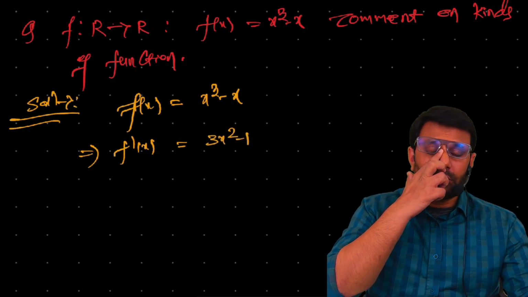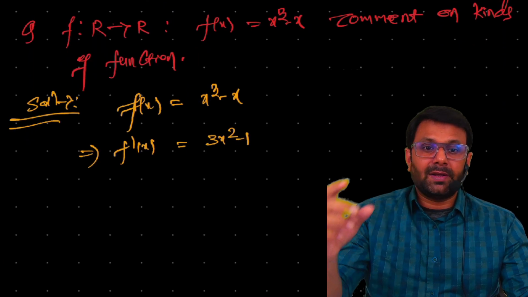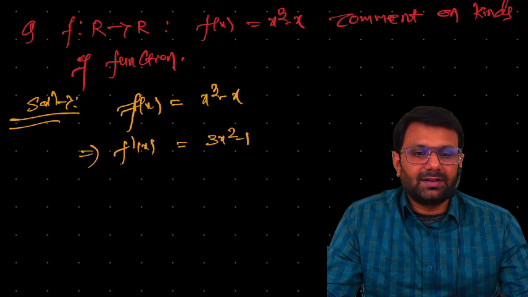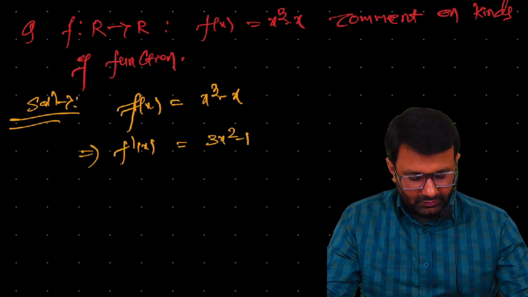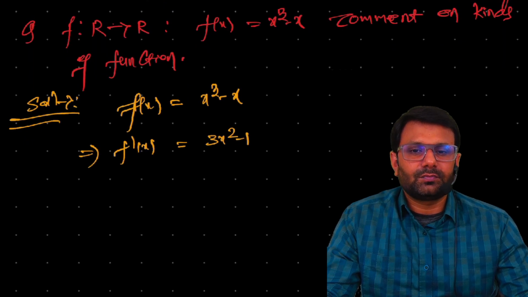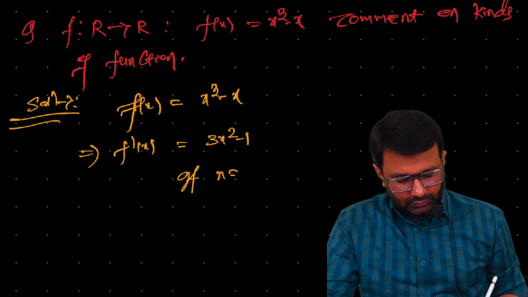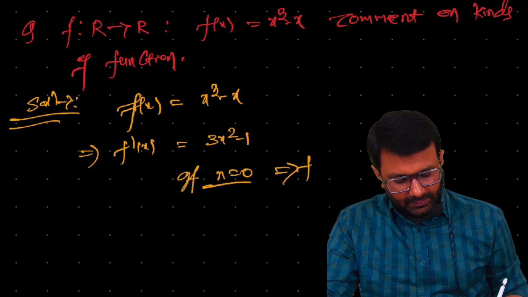Now tell me what will be the sign of f dash x here. Someone is saying positive always, someone is saying negative. Okay, correct. Now tell me here, when I put the value of x equal to 0, this becomes less than 0. So if x is equal to 0, f dash x is less than 0.